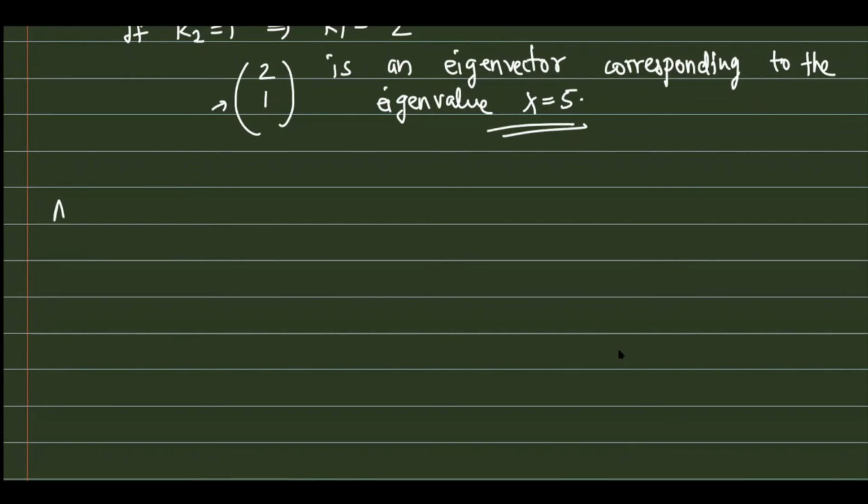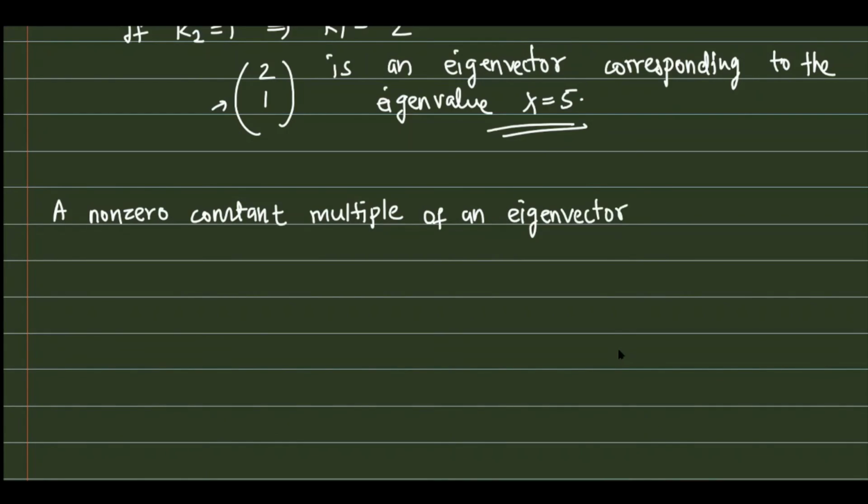Also we can say that a non-zero constant multiple of an eigenvector is another eigenvector.